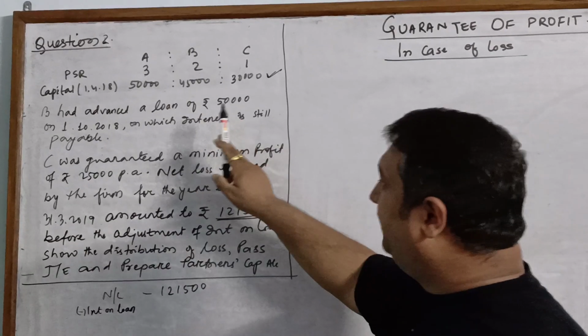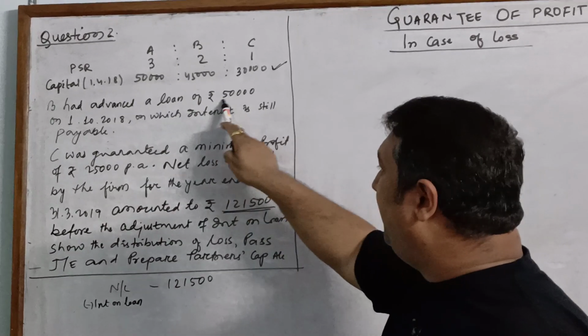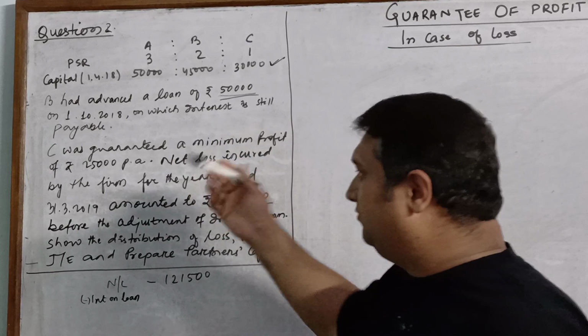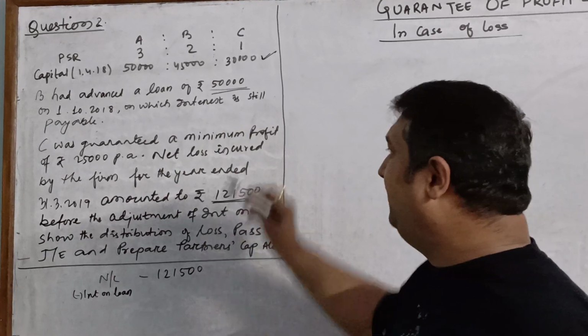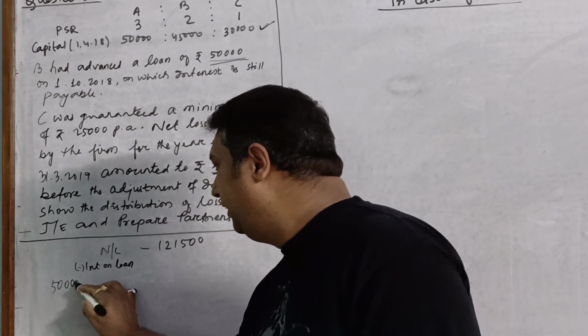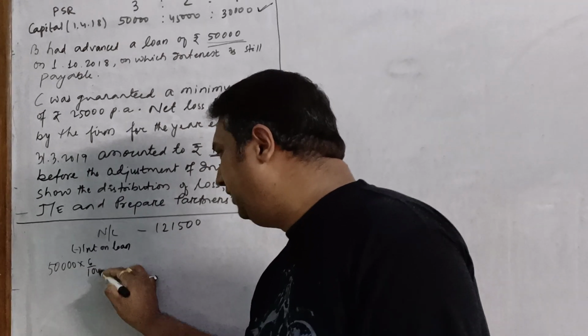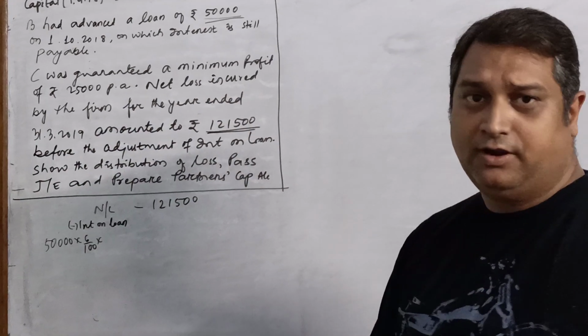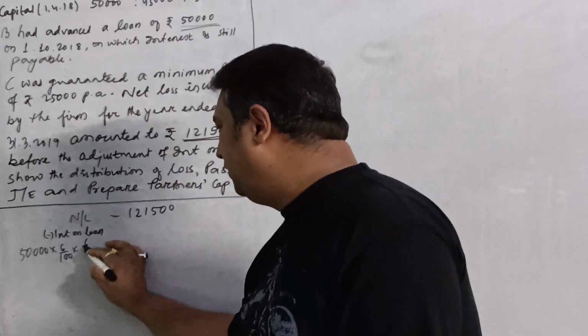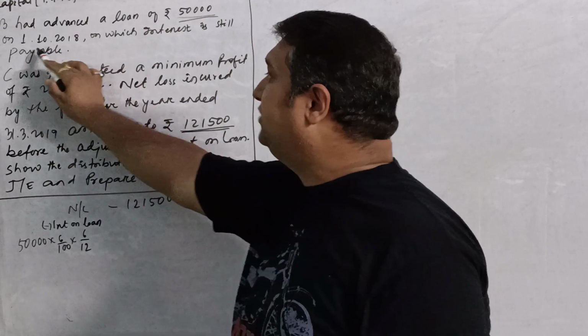Now if you check over here, that loan amount was rupees 50,000 and the payable rate is not given. So we will consider it is 50,000 into 6%. In the absence of any other information, we take interest on loan rate 6% per annum, and it was advanced on 1st October.